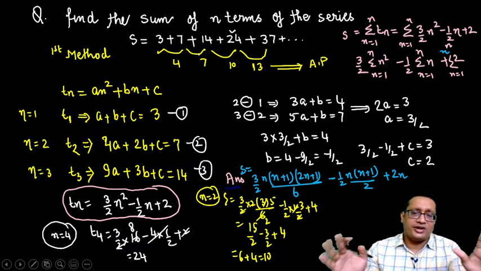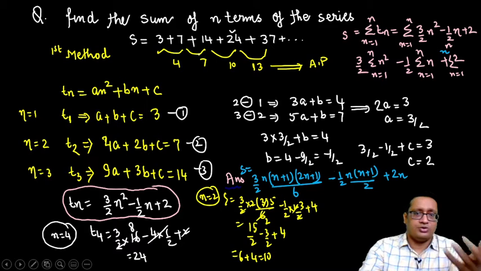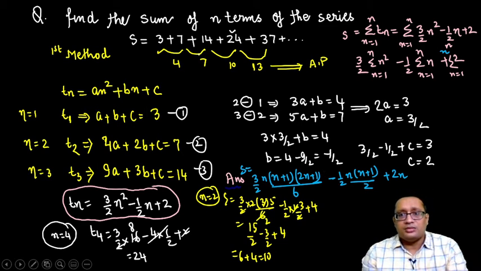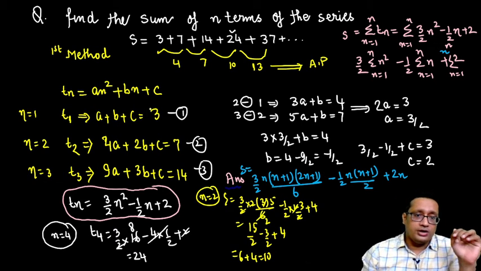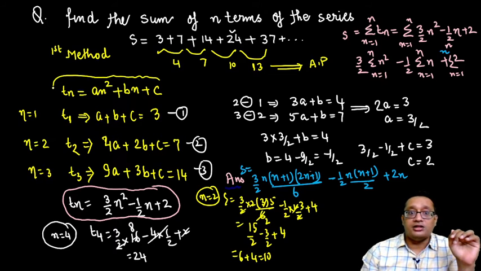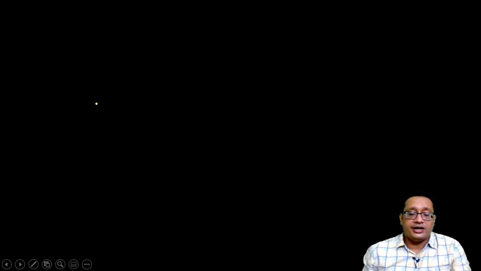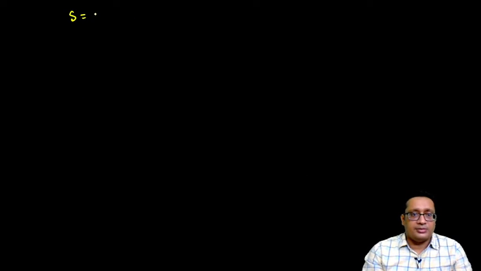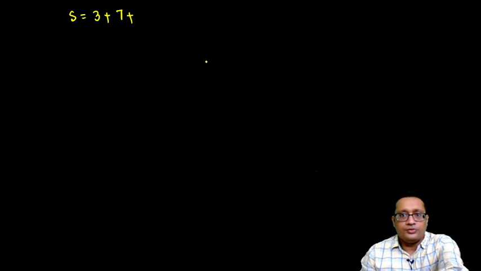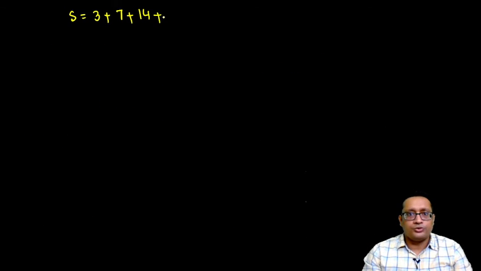Now I will use the second method to find the sum of this series, whose nth term I am not able to write directly, but I have told you a trick and I will show how I have written this nth term. So I am writing again, S is equal to, second method, 3 plus 7 plus 14 plus 24 plus 37.